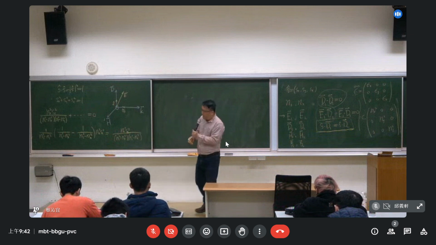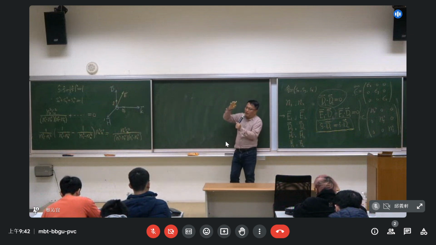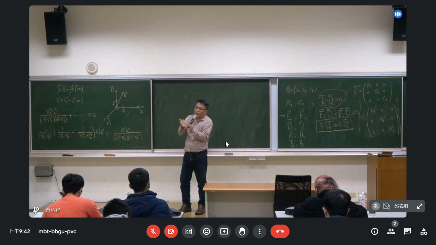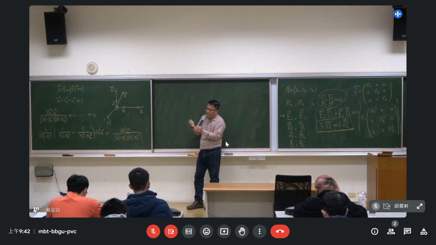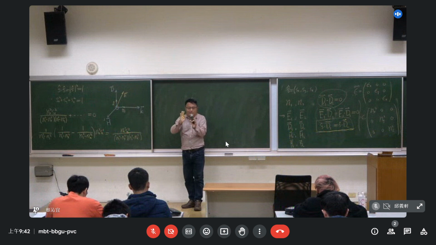If we consider an arbitrary D vector in the D1, D2 plane, we will not get an arbitrary refractive index, but we can only treat the D vector as the superposition of the D1 vector and the D2 vector.